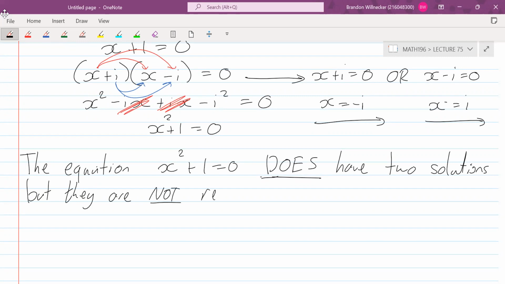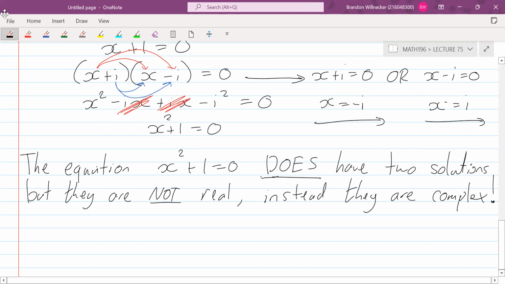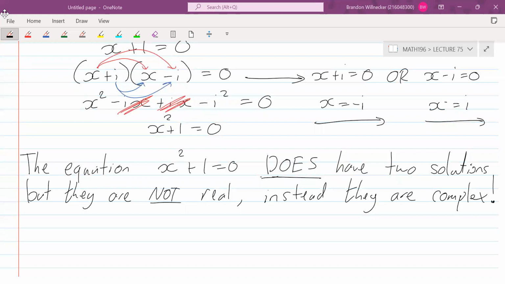Instead, they are complex. Right, so this is the first complex number that we meet, this imaginary unit i.